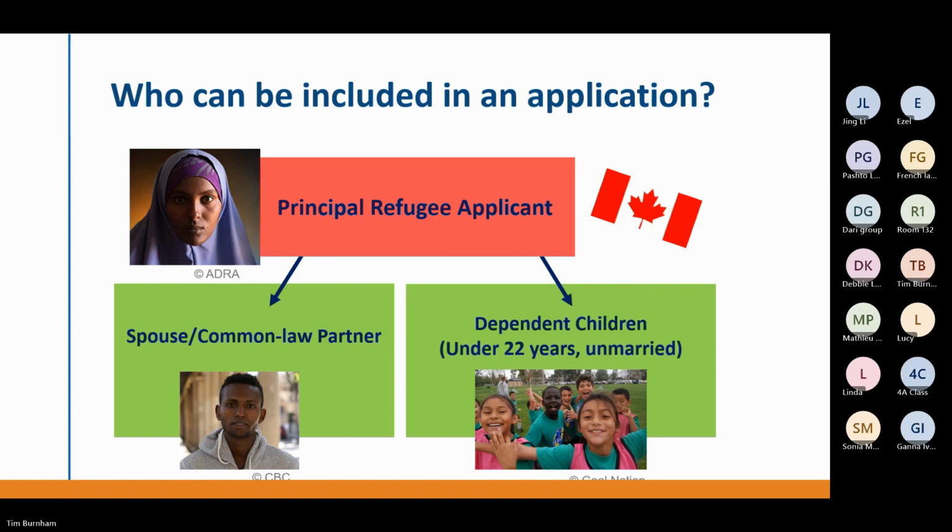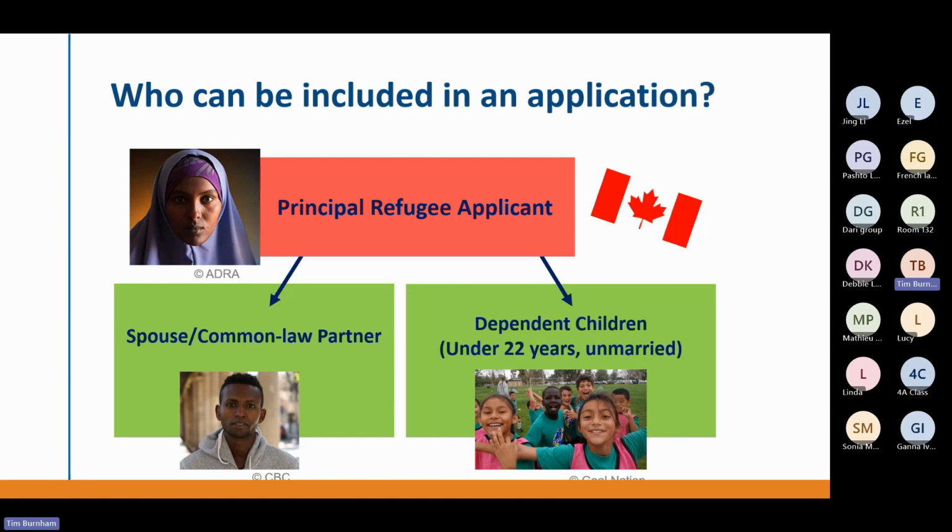Now let's look at who can be included in an application for sponsoring a refugee to Canada. There's always one member of the family who we refer to as the principal refugee applicant. That principal applicant can be sponsored along with all of their family members.